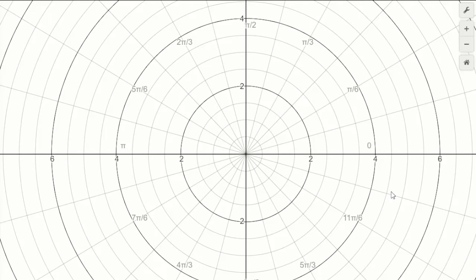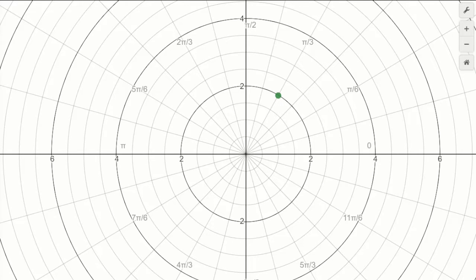So if we're doing this by hand, I'm going to look for the angle pi over 3. So pi over 3 is this angle right here, and then I'm expecting a radius 2 on this terminal side. So radius 2 coming out from the pole is about here. So I am expecting that point to be right here. All right, so let's find out. Now the point is on, and yes, that's the point right there.